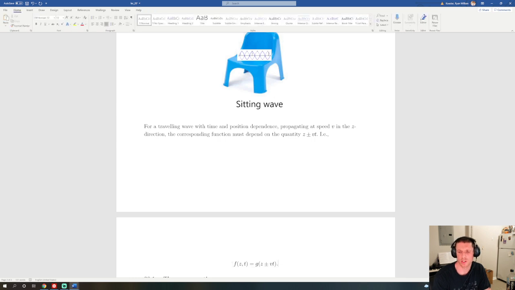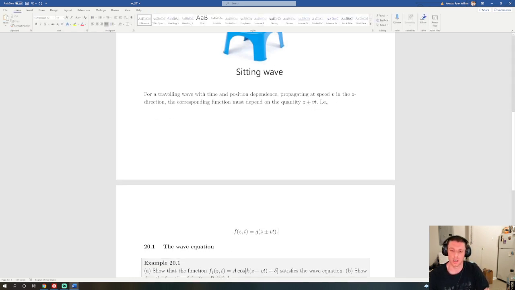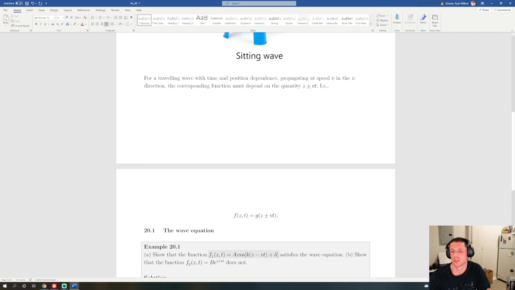And I just switched from f to g. G is just another function. F is one function, G is another function, just arbitrary functions here. We haven't said anything really definite yet. Okay, and we'll see why this is after we derive the wave equation.